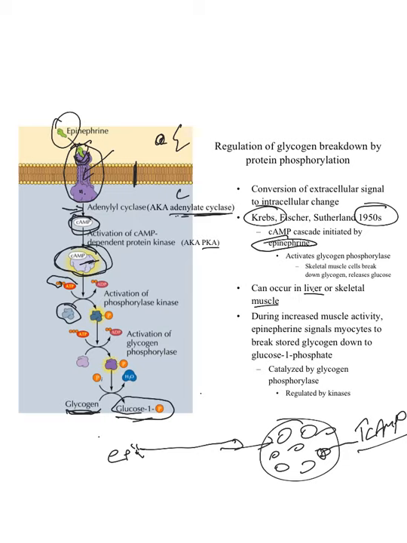And what that results in is the active version of that substrate. This substrate's name is phosphorylase kinase. Since it's also a kinase, it's going to transfer phosphate from ATP to its inactive substrate, turning on that downstream target. This one's called glycogen phosphorylase. And then glycogen phosphorylase causes the conversion of glycogen to glucose 1-phosphate.